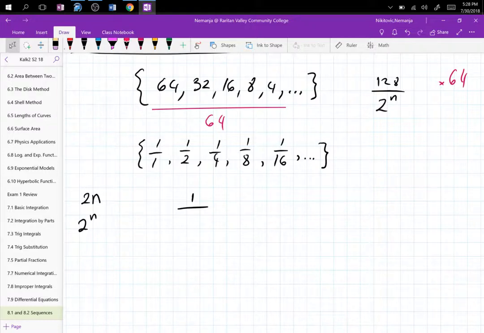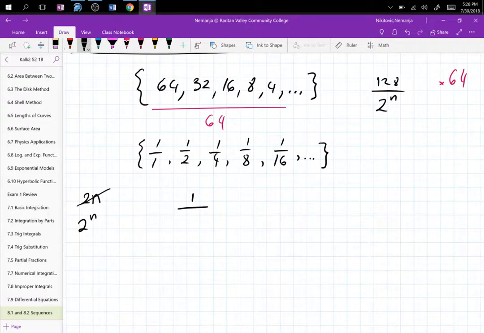So now if it's 2n, well, 2n is just even numbers, so it can't be 2n, because for n equals 1, it will give you 2, and then for n equals 3, it will give you 6, right? 4 gives you 8, so it's 2, 4, 6, 8, 10, 12.